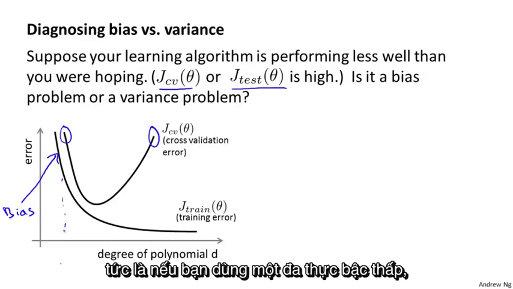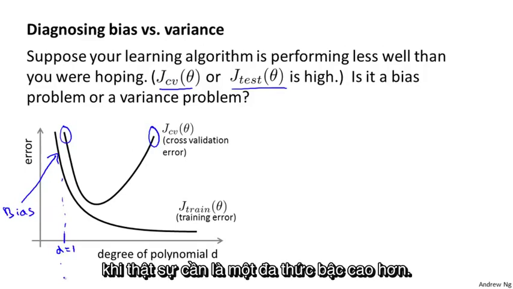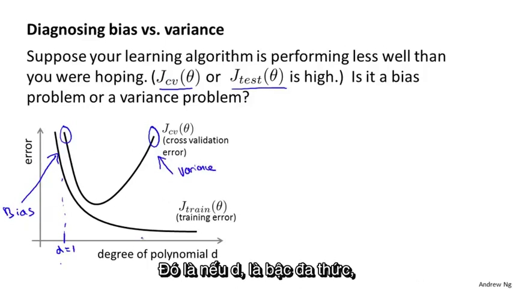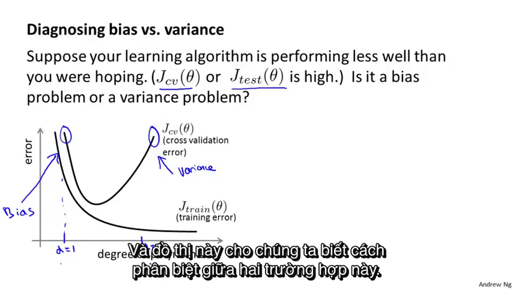That is, if you're fitting an overly low order polynomial, such as d equals 1, when we really needed a higher order polynomial to fit the data. Whereas in contrast, this regime corresponds to a high variance problem. That is, if d, the degree of polynomial, was too large for the data set that we have. And this figure gives us a clue for how to distinguish between these two cases.